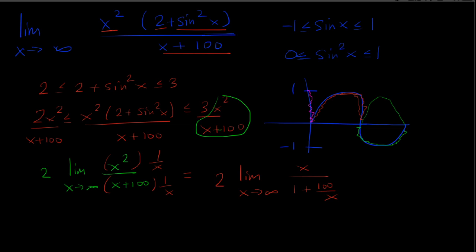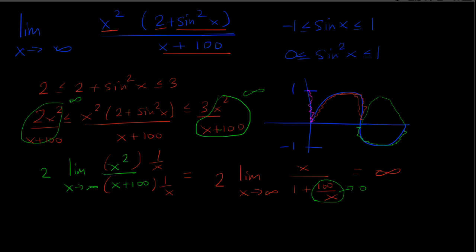Now as x approaches infinity, 100 over x will go to 0. So I'm really left with x, and so the limit has to be infinity. So now I can multiply by 2. That still doesn't do anything. So what I found is in the green here, the x squared over x plus 100 is going to infinity, and so is this piece.